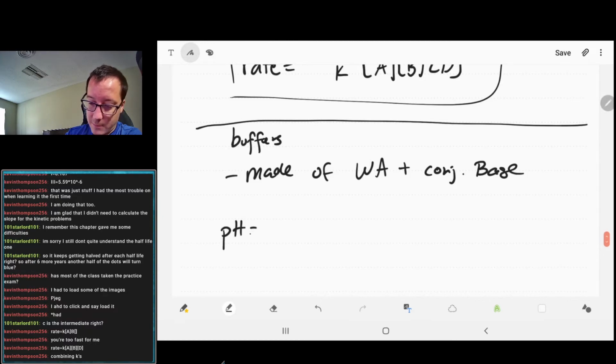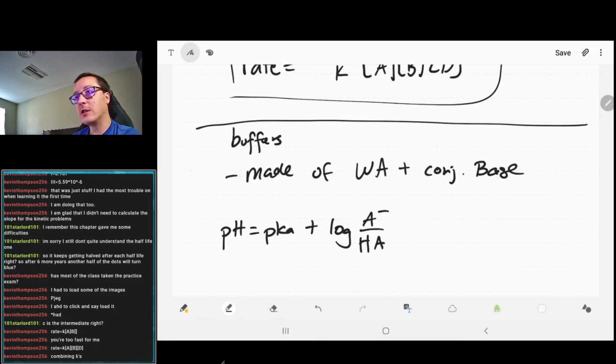Remember, for a buffer system, we have the Henderson-Hasselbalch equation, where we would use the pKa and then the concentrations of each one to get the pH of the solution.